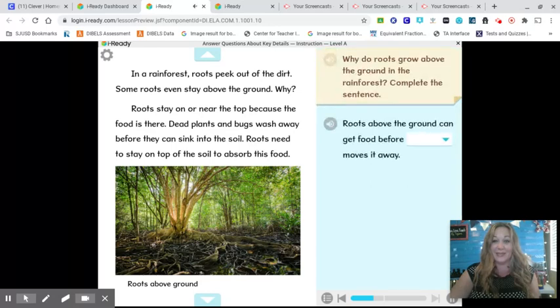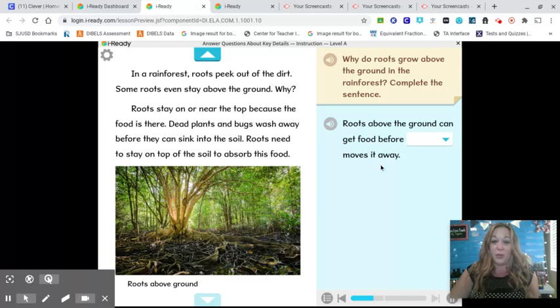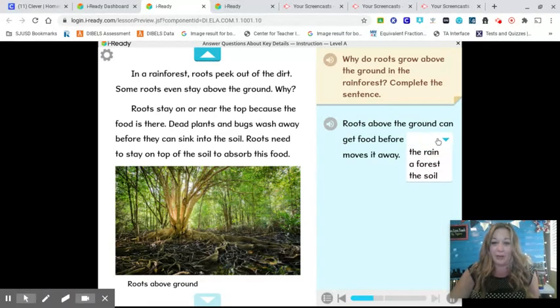Why do roots grow above the ground in the rainforest? Complete the sentence. Roots above the ground can get food before the rain moves it away, a forest moves it away, or the soil moves it away.